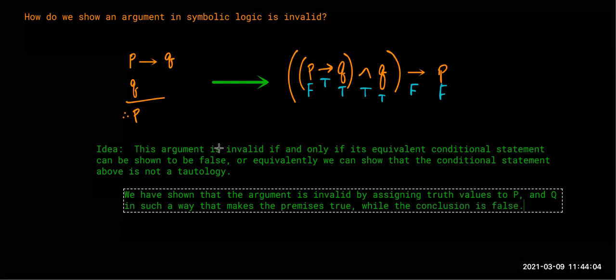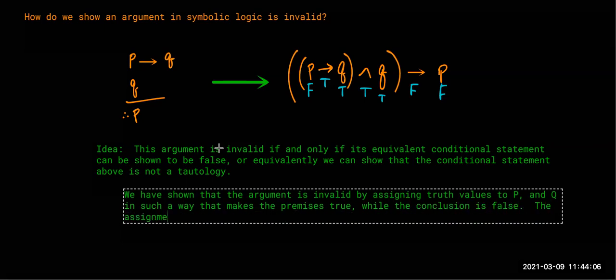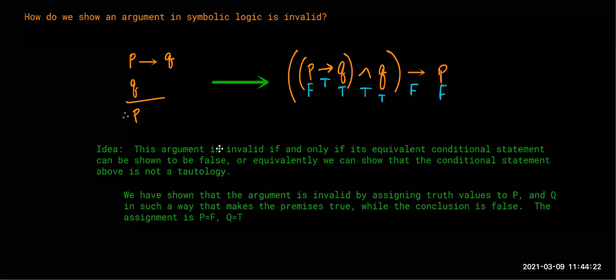The assignment in question is precisely that P is false and Q is true. That's the assignment we in fact made. We made P false and Q true. That's it. That shows that the argument is indeed invalid.